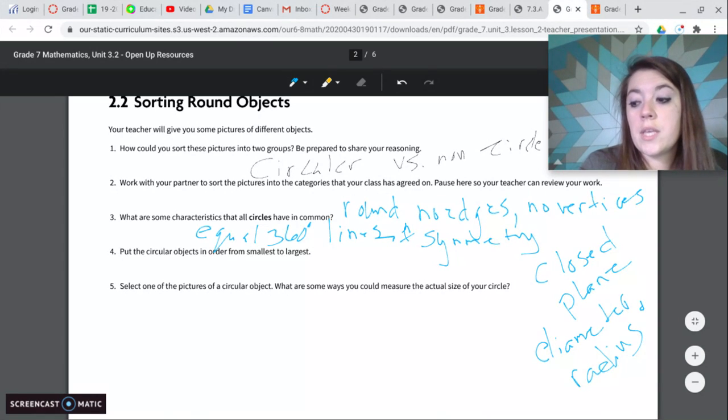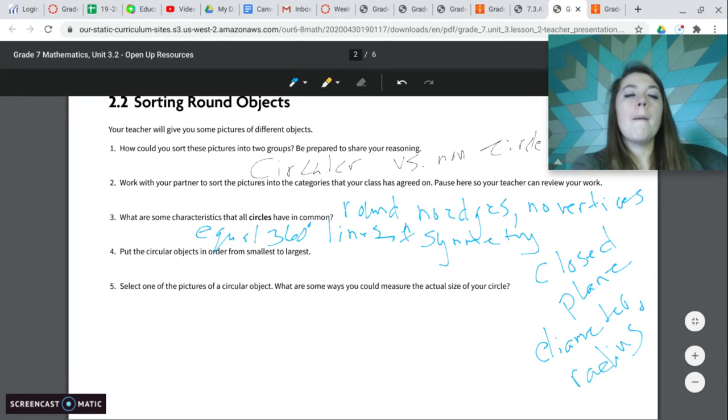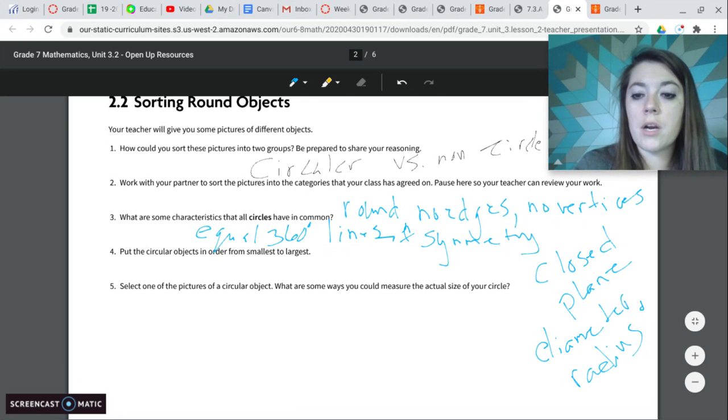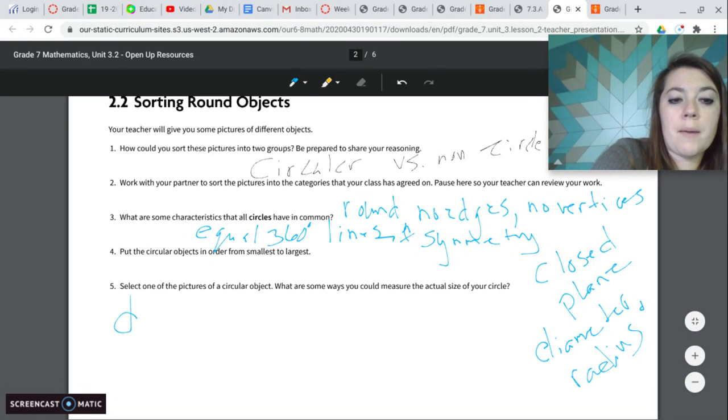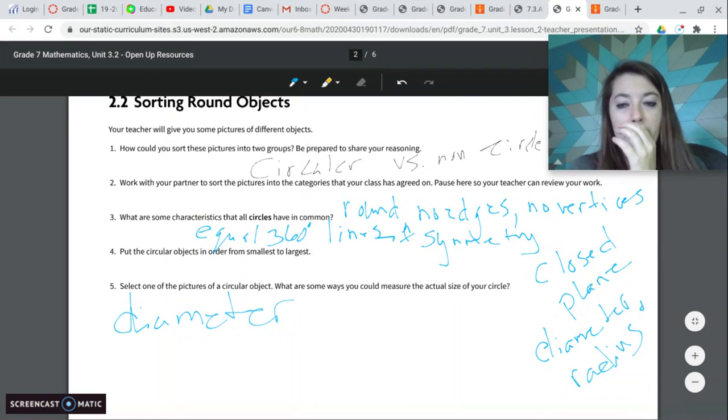Well, I'm more asking in this case, thinking of what things can we measure in the circle rather than how can we actually do it. Obviously, we're going to use a ruler or a tape measure or something like that to measure it. But if we think about what part of the circle we are actually going to measure, well, we have the diameter, so all the way across the circle.